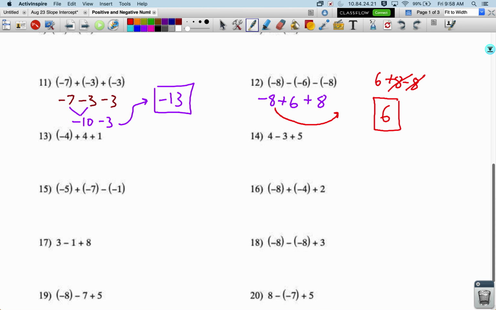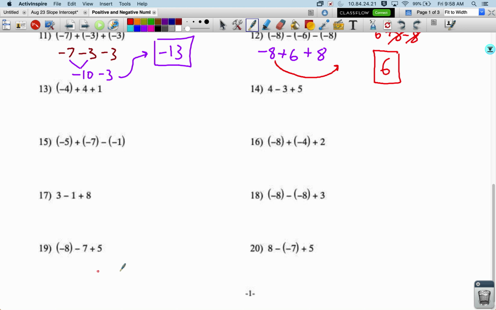Let's take a look at maybe problem 19. -8 minus 7. So I've got two negative numbers. I add them together to make it negative. That's going to be 15. But I knew that it was going to be negative, so I had two negative numbers. And then I'm adding 5 to that.